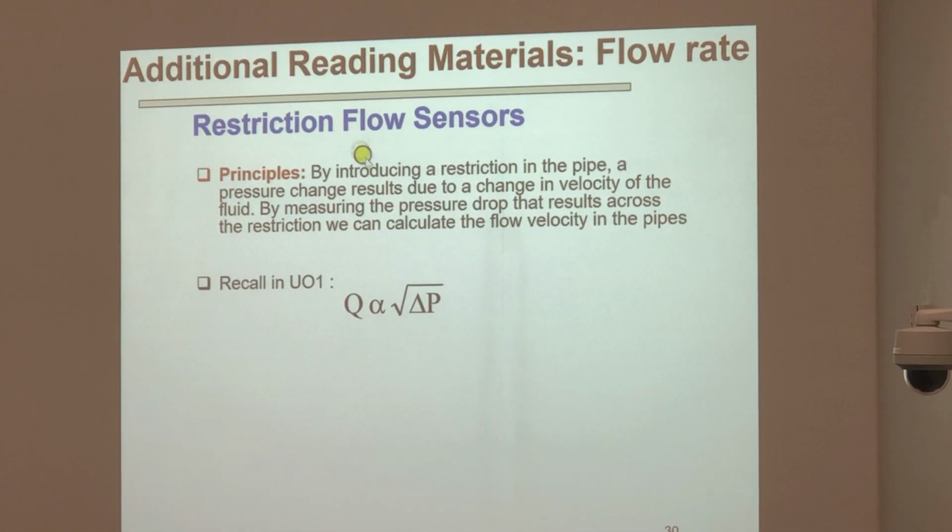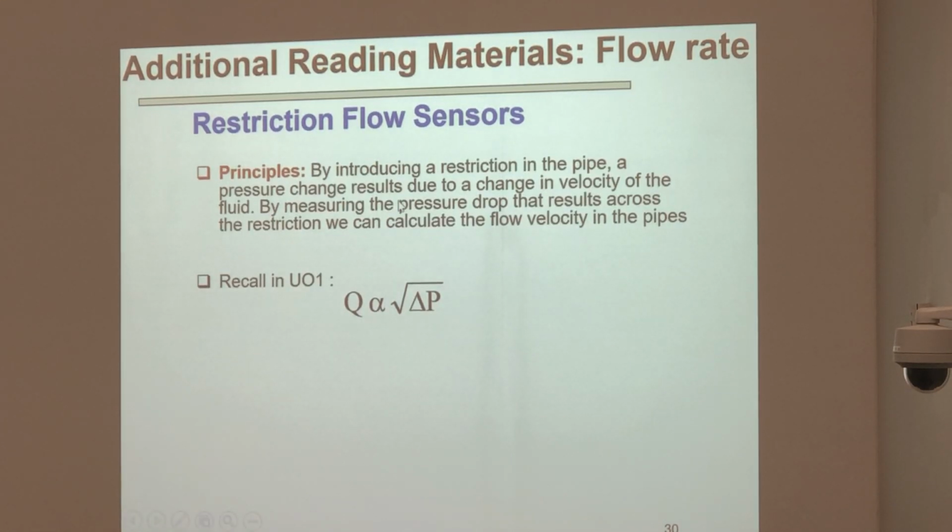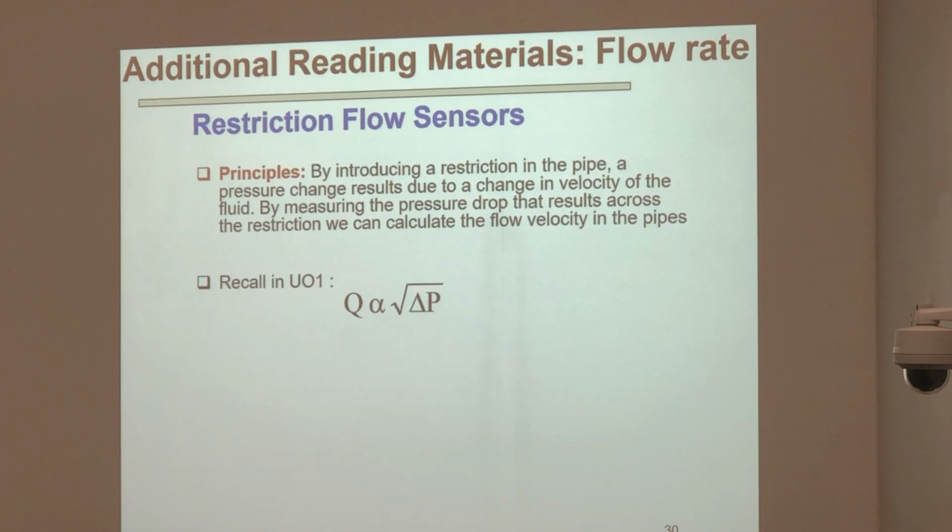Okay. Working principle of the restriction flow meter, right? How many types do I have? Three types, right? First one is orifice, venturi, and then there's another one we call the nozzle flow meter. For this working principle, please read through it, and you can recall some formula from UO1, which means that the pressure and the flow rate have some relationship.